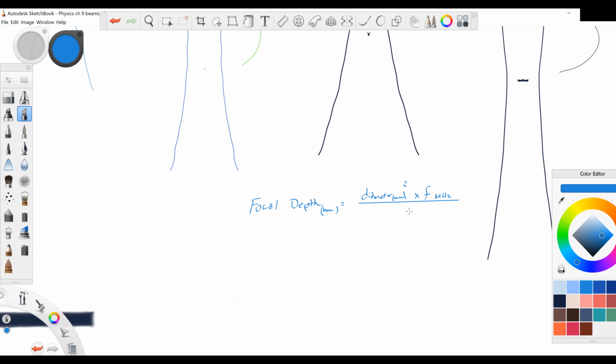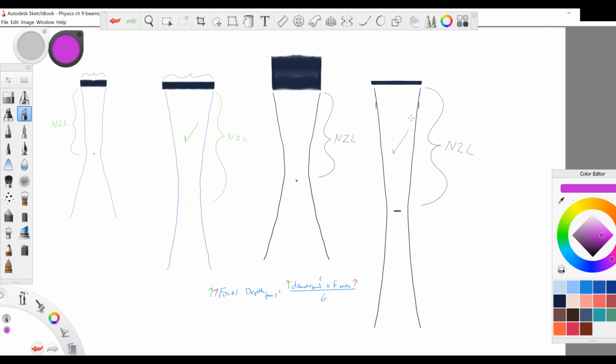If we increase the frequency, we increase the focal depth, and let's see, this was a higher frequency, so yes, that works there. And if you do both at the same time, then you have a very deep focal depth. Okay, yes, everything works. Cool.